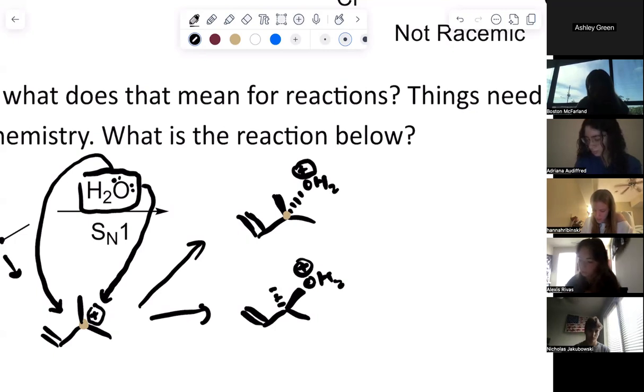It can either add to the front or the back because what it's adding to is flat. Then I'm going to deprotonate it and we're going to get.